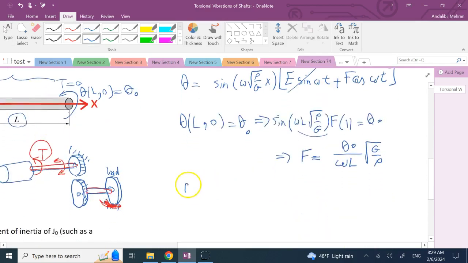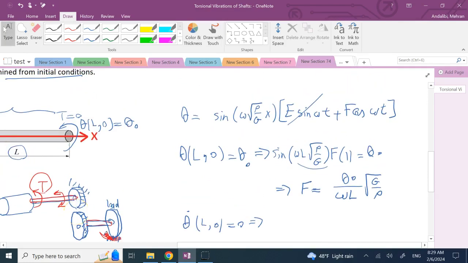Let's say theta dot at L and 0 equals 0. So you release it from initial velocity of 0, and you have the F figured out. The derivative of this function, this guy becomes negative omega sine omega t. This guy becomes E omega cosine omega t. When you plug in t of 0, this will go away.